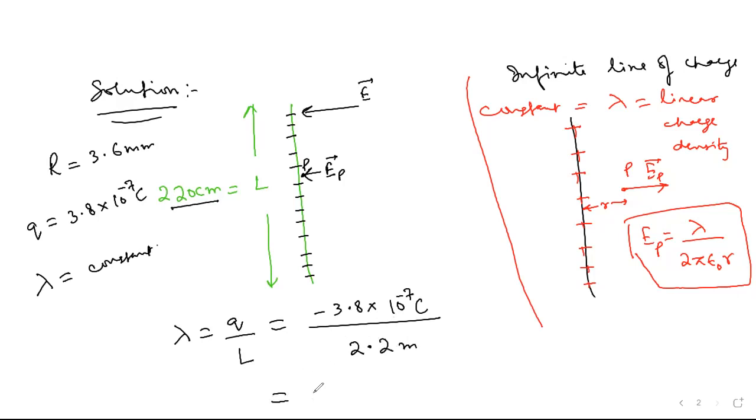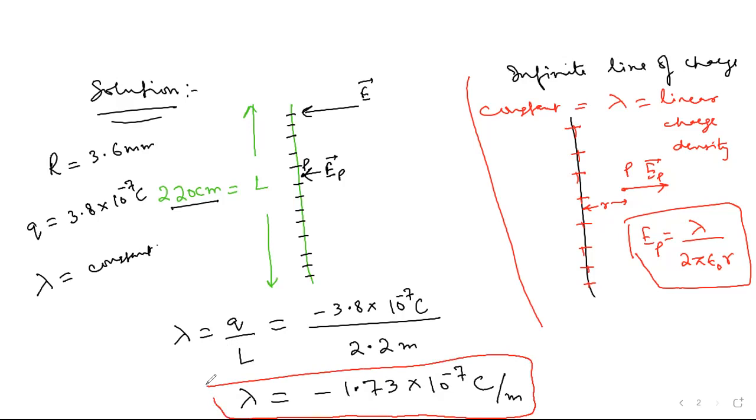When I calculate it, it turns out to be minus 1.73 into 10 raised power minus 7 coulomb per meter. It's my lambda. Let me encircle it. As always, check the calculation at home. So we have calculated the linear charge density on the rod, which is minus 1.73 into 10 raised to minus 7 coulomb per meter.